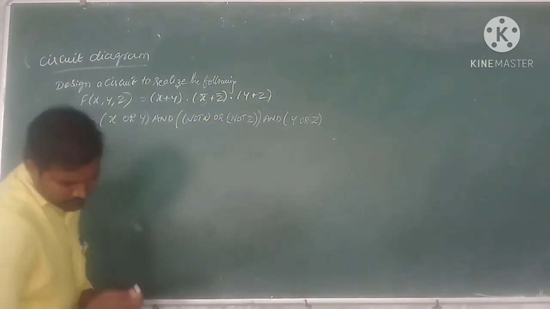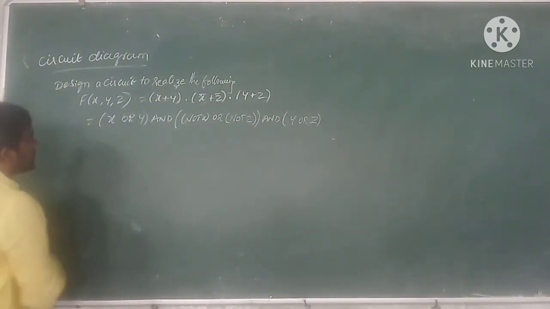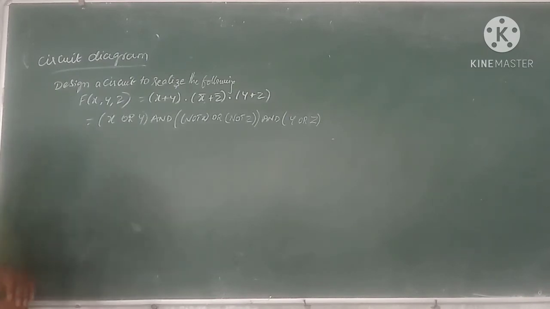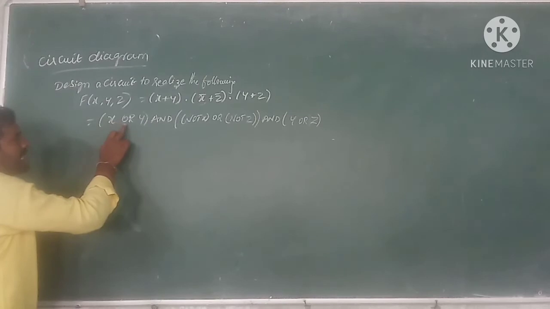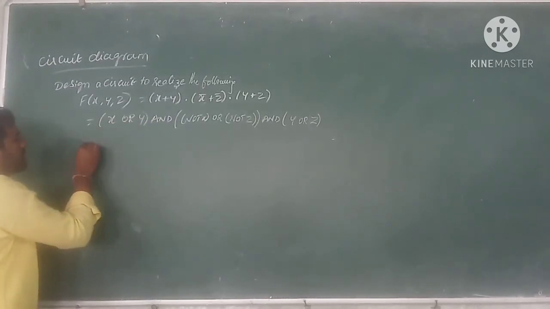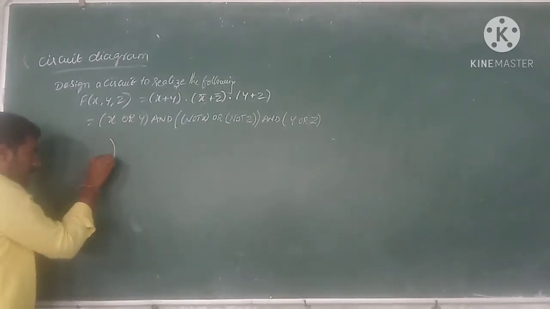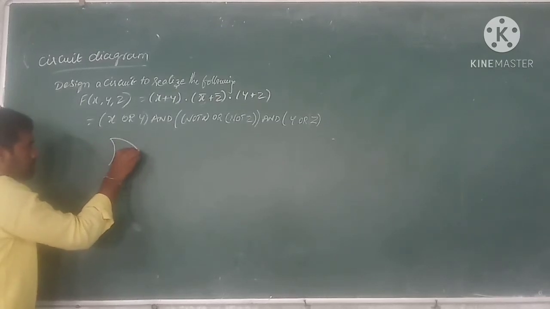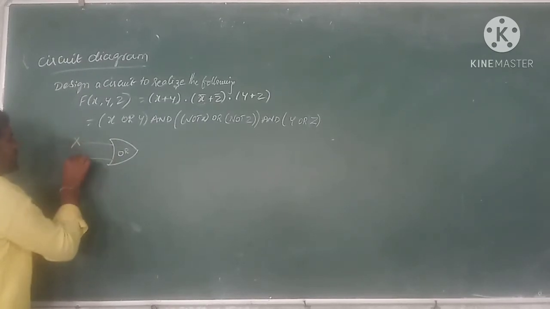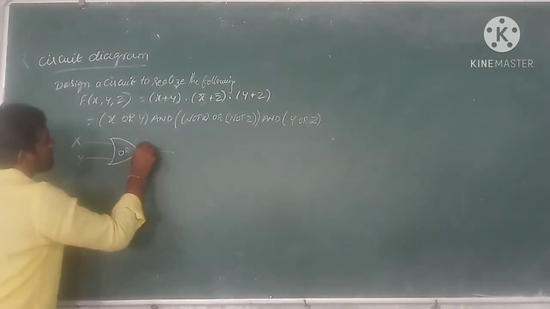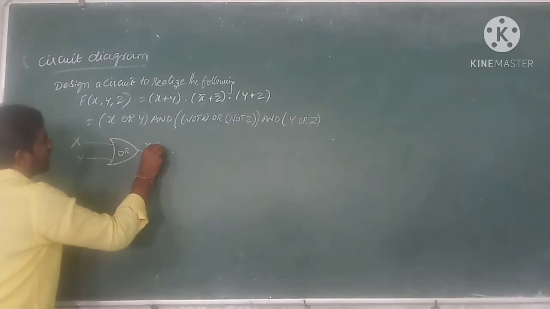Now we'll start drawing the circuit diagram with respect to this equation. First is x or y. X or y means draw an OR gate, and the inputs are x as well as y. That is x plus y.